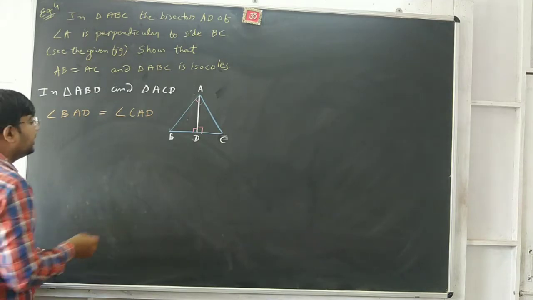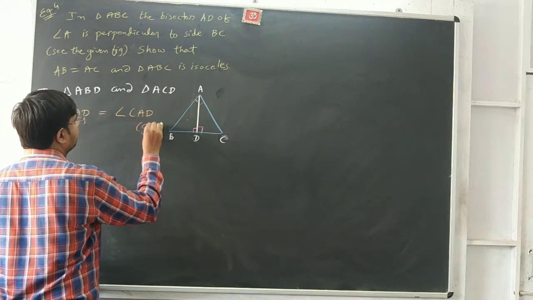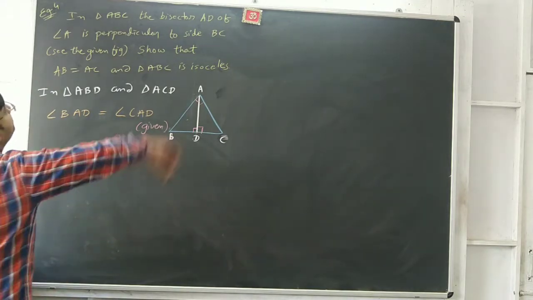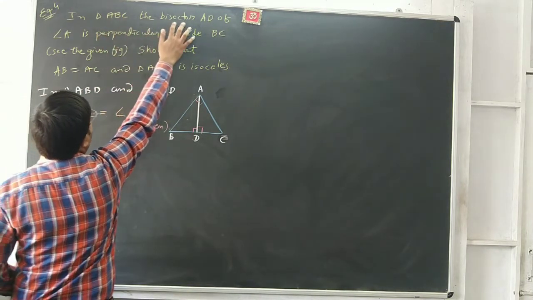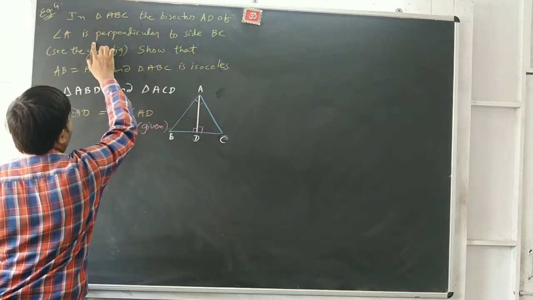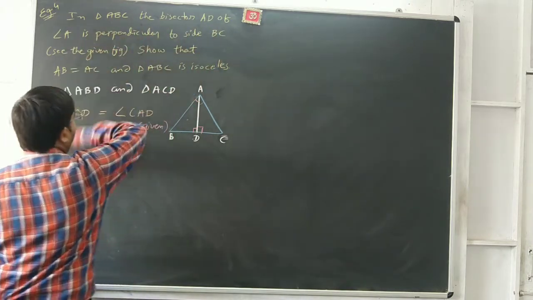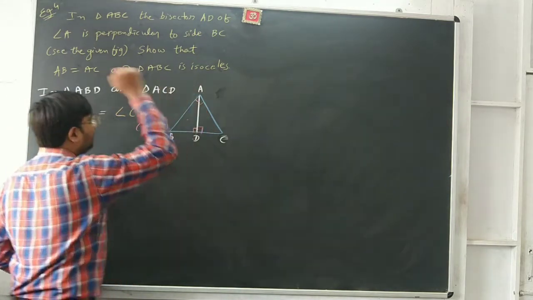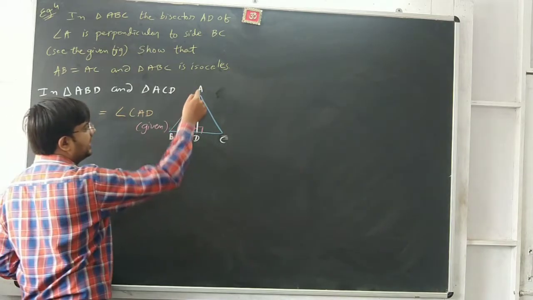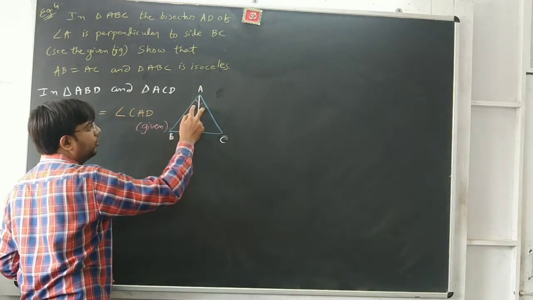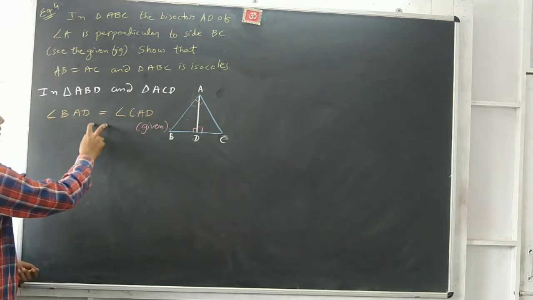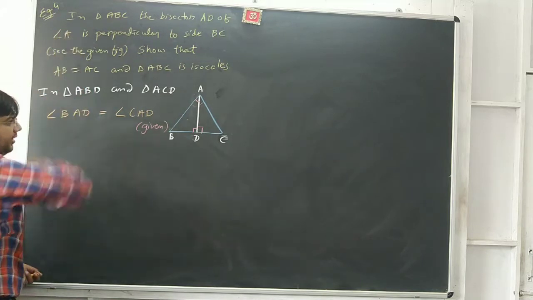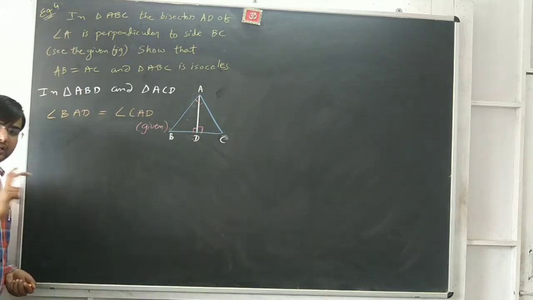Because this is given in the data: in triangle ABC, the bisector AD of angle A is perpendicular to the side BC. Bisector of angle A, so both angles are equal.